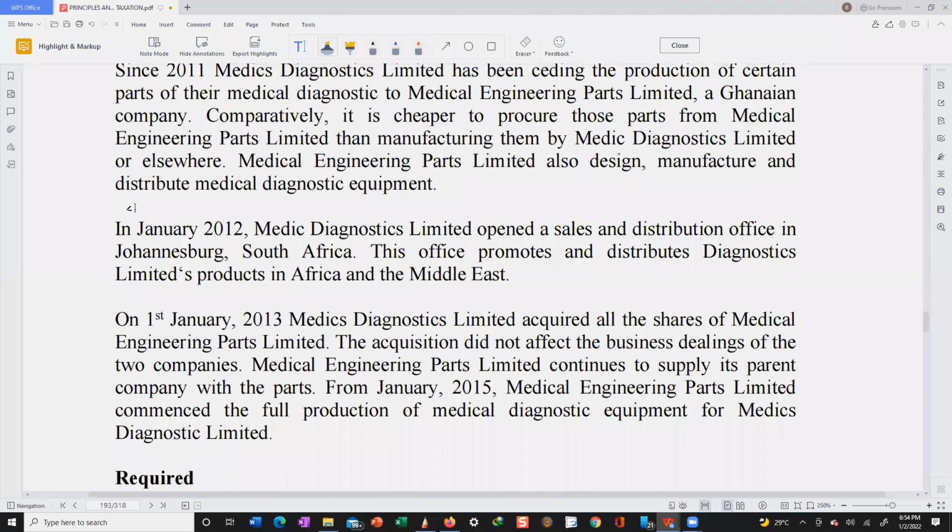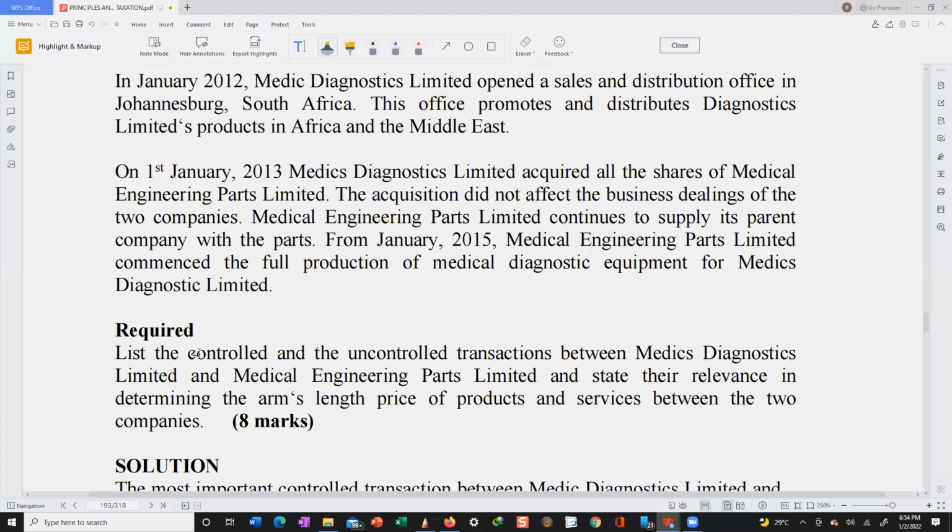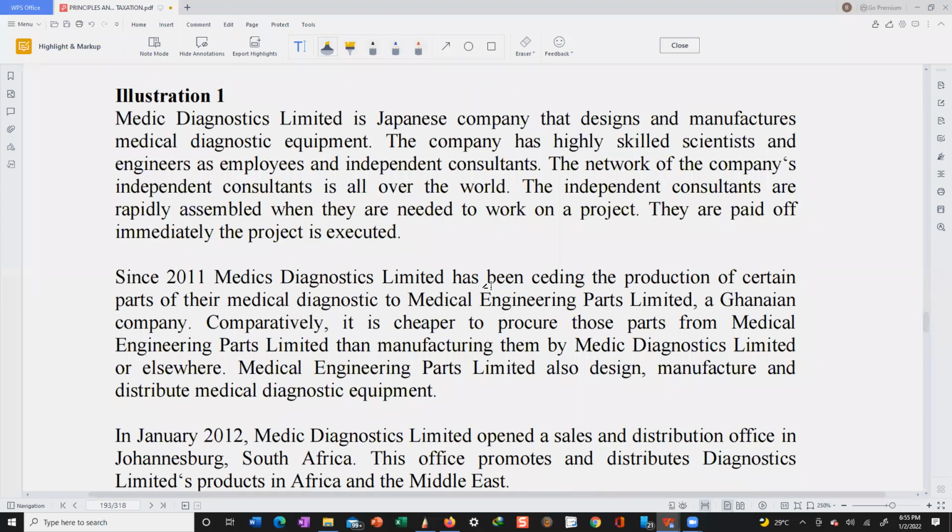So what's the requirement? List the controlled and uncontrolled transactions between Medic Diagnostic Limited and Medical Engineering Parts Limited, and state their relevance in determining the arm's length price of products and services between the two companies. Okay, so we have this question. It has a lot of things under it, but I'm breaking it down step by step.